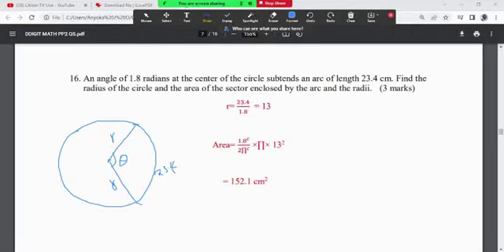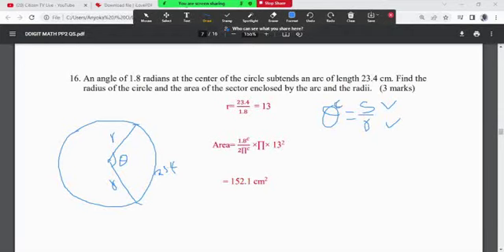So angle in radians is equal to arc length over radius, where we defined an angle of 1 radian as the angle subtended by an arc length of equal length with the radius. So arc length over radius is angle in radians.